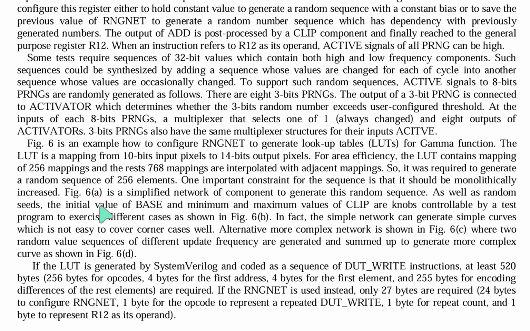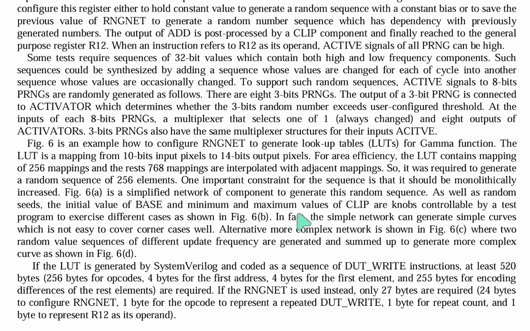Figure 6a is a simplified network of components to generate this random sequence, as well as random seeds. The initial values of base, and the minimum and maximum values of clip, are controllable by a test program to exercise different cases, as shown in figure 6.